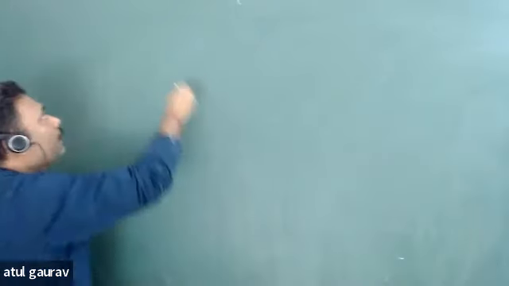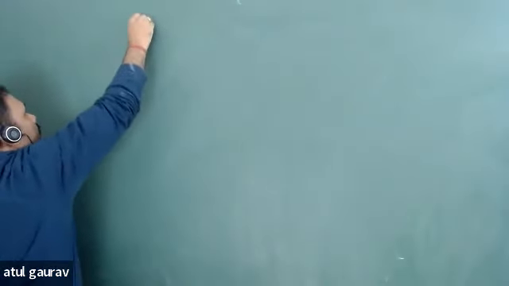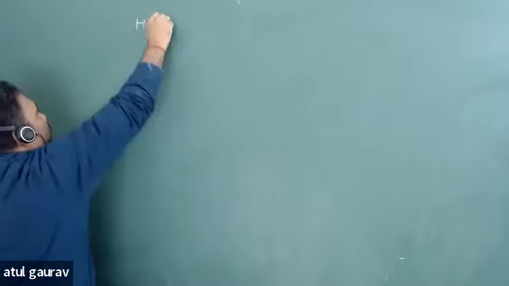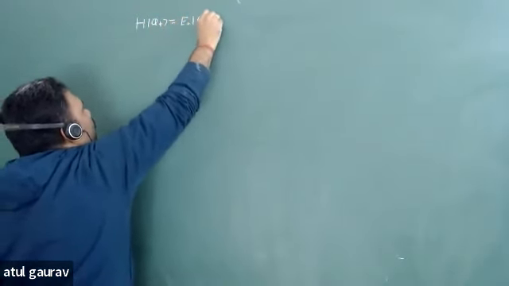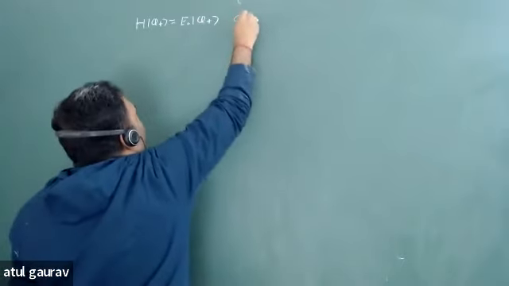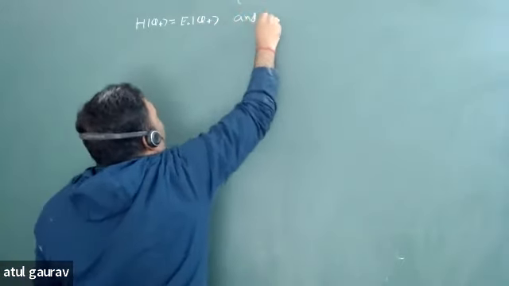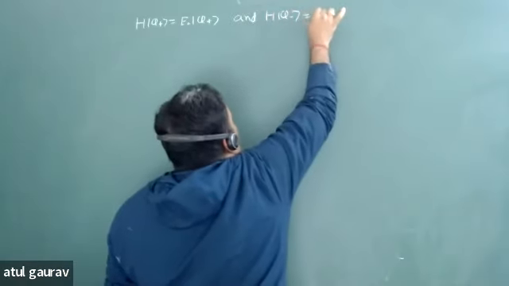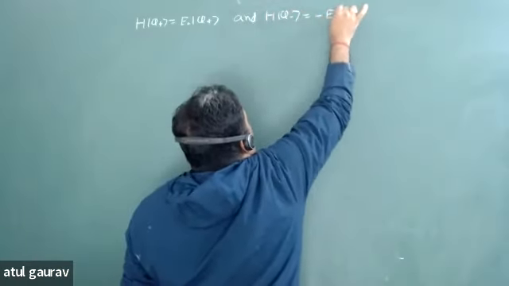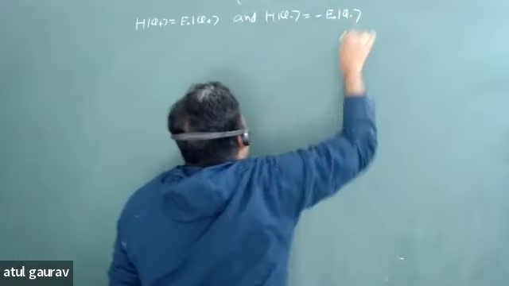So what we have: H phi plus is equal to E naught phi plus, and H phi minus is equal to minus E naught phi minus.